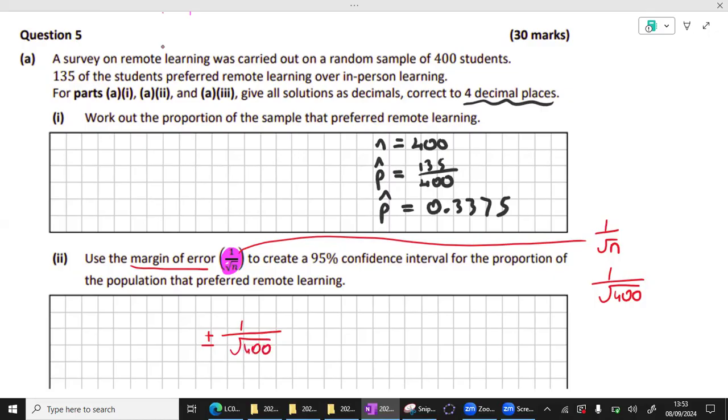Now we have our P hat as 0.3375. Okay, so now we just need to do that out on our calculator. So the margin of error. So I have 1 over the root of 400. And then I'm going to multiply that by my 0.3375.